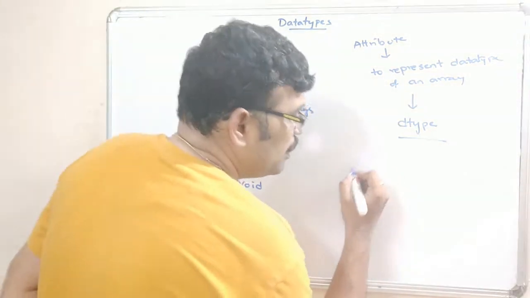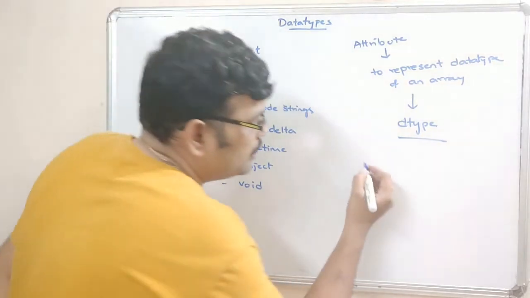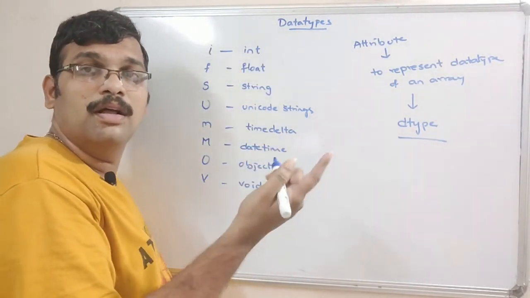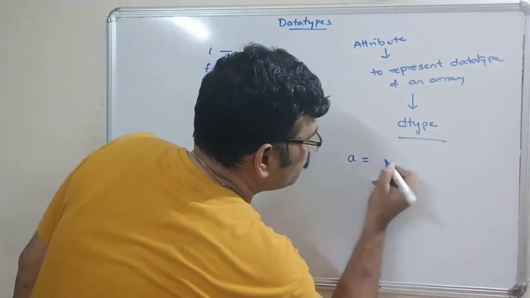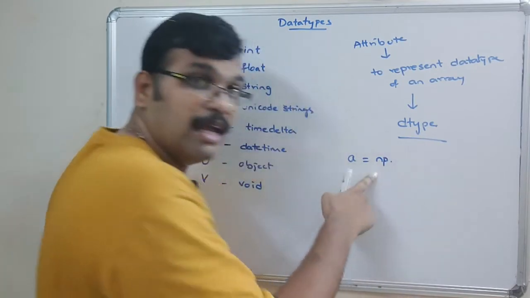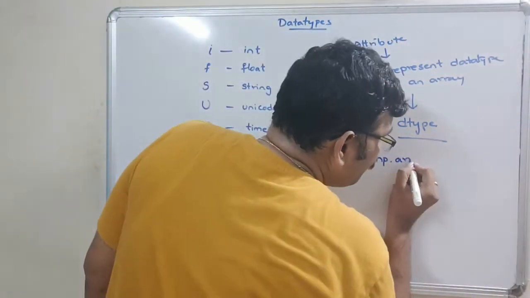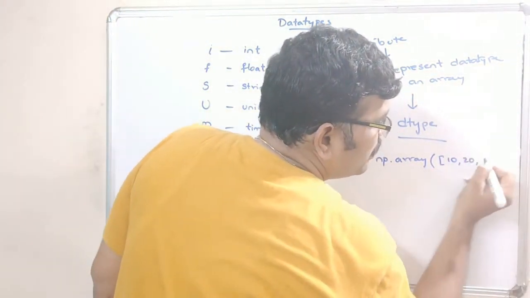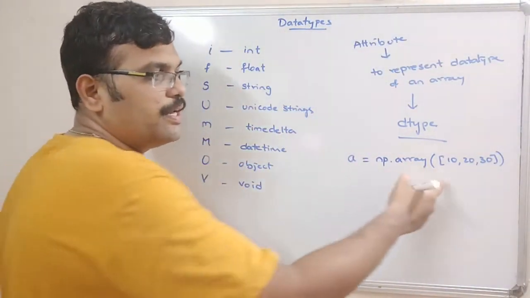So for example, we know how to create an array in Numpy. By using the array function, passing one list or a tuple as a parameter, we can create an array. So let us take a is equal to np dot array, np is an alias name, okay? Inside we have to pass the argument, 10, 20, 30, so let it be. Now the array is created with 10, 20, 30.